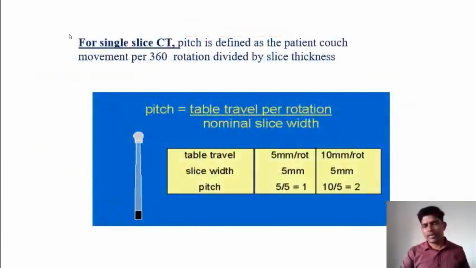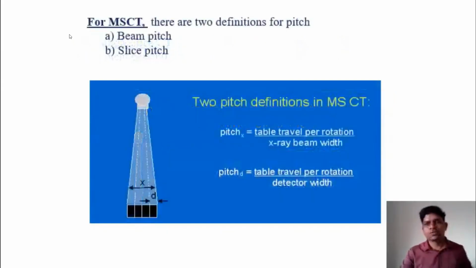As I told you previously, pitch is one of the important factors that helps produce the image faster. In single slice CT, pitch is the table travel per rotation divided by the nominal slice width. So if table travel is 10 mm and slice width is 5 mm, the pitch is 2. In multi-slice CT the pitch calculation is changed: table travel per rotation is divided by the X-ray beam width.